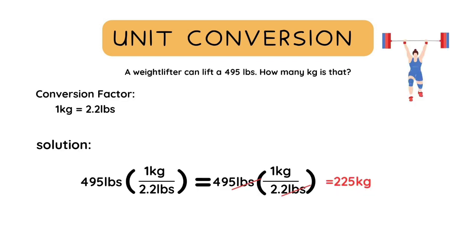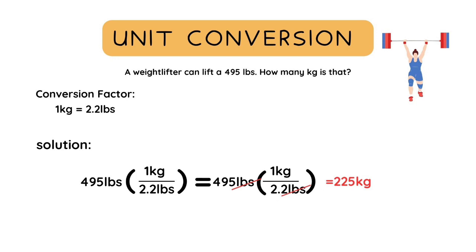In converting units, a problem here is: a weightlifter can lift 495 pounds. How many kilograms is that? First thing we need to do is write the conversion factor. 1 kilogram is equal to 2.2 pounds. In doing the dimensional analysis, we need to write down first the given data that needs to be converted. So, we write down the 495 pounds.